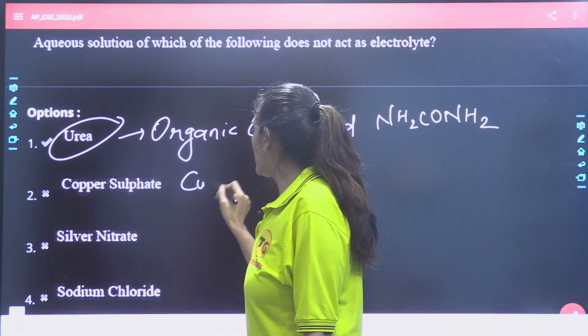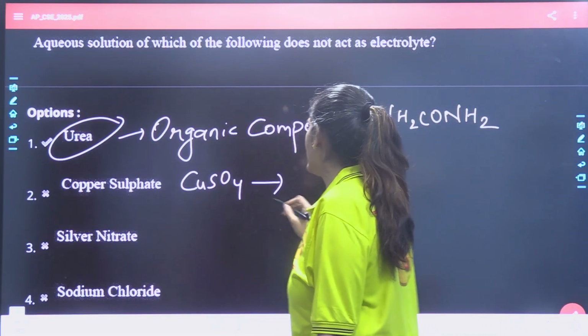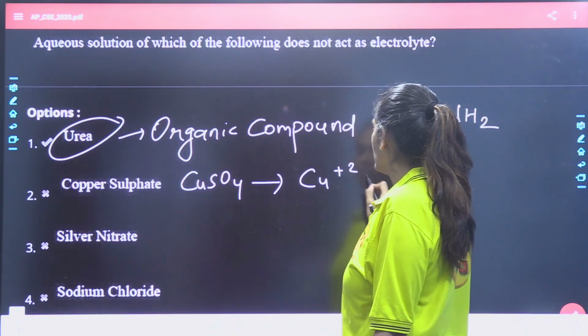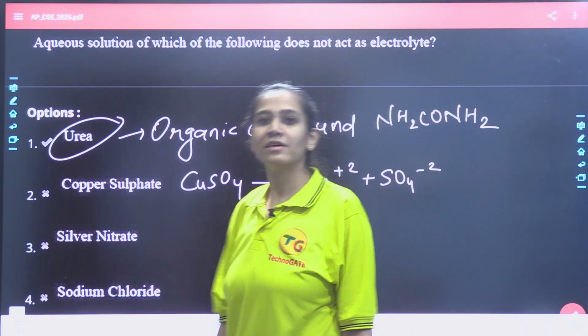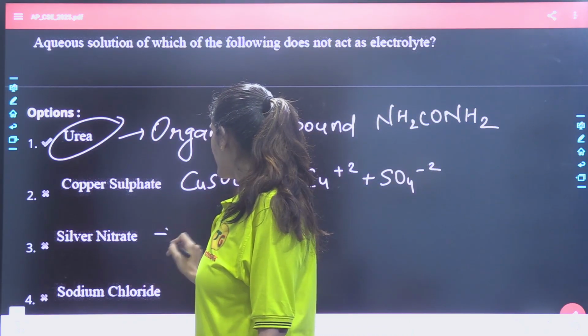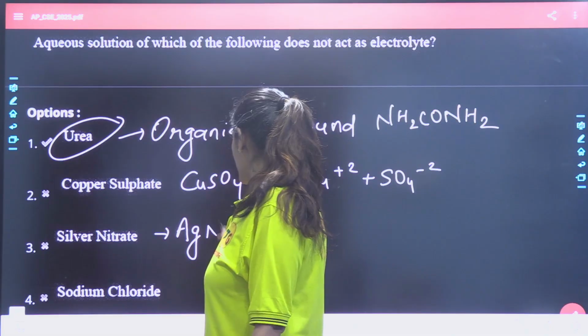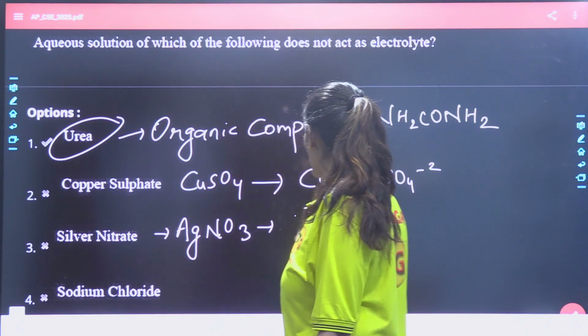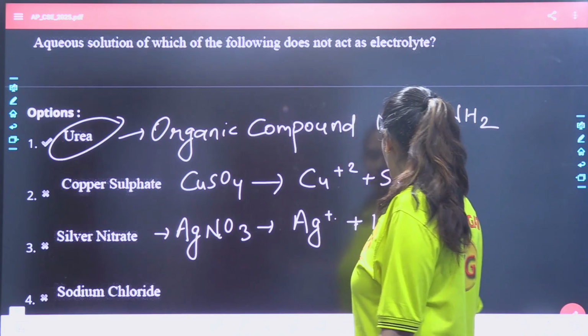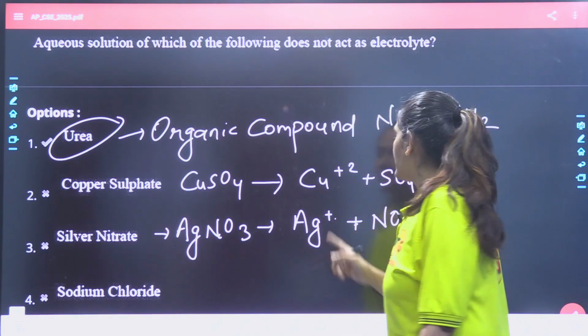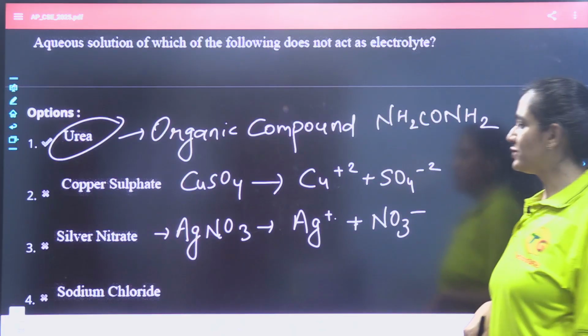Then we have copper sulfate. Yes, in water it would dissociate into Cu plus 2 and SO4 minus 2 ions, and hence it would carry charge. Silver nitrate, AgNO3, these are strong electrolytes. It would dissociate into Ag plus and NO3 minus ions.